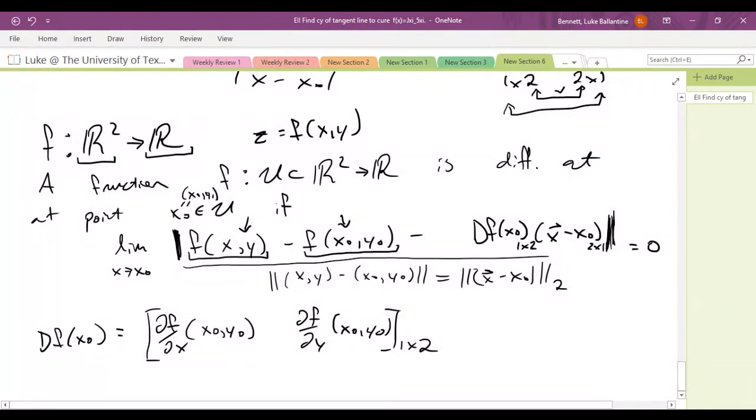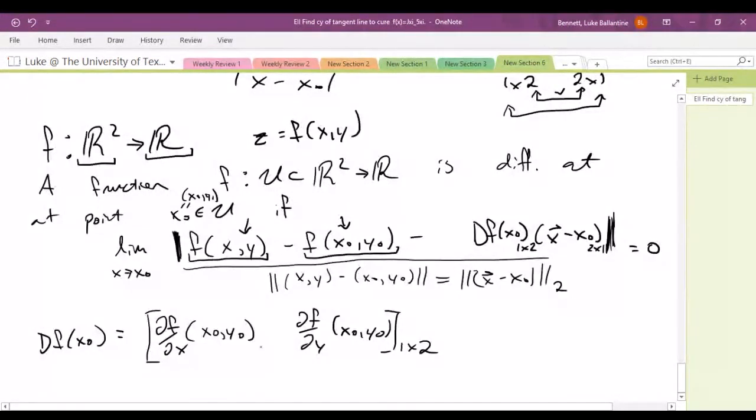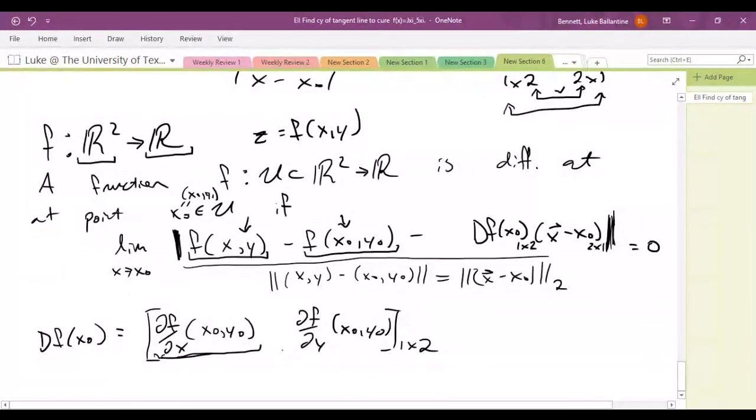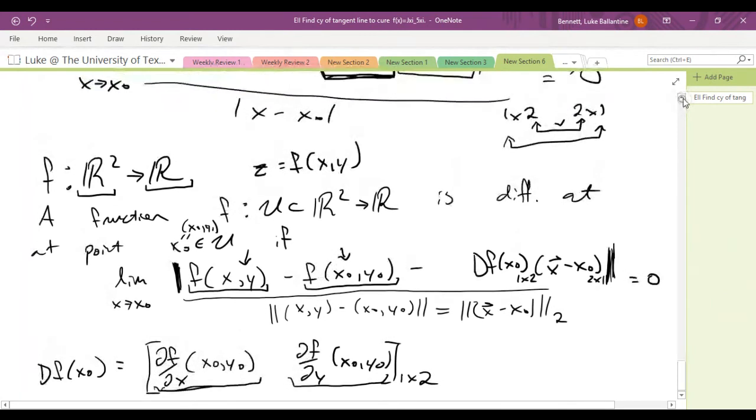And these are just numbers, because evaluating the derivative at a point gives us a number. So it's like a linear map, because matrices are linear transformations, if I'm not mistaken. Anyway, this is the notion of differentiability.